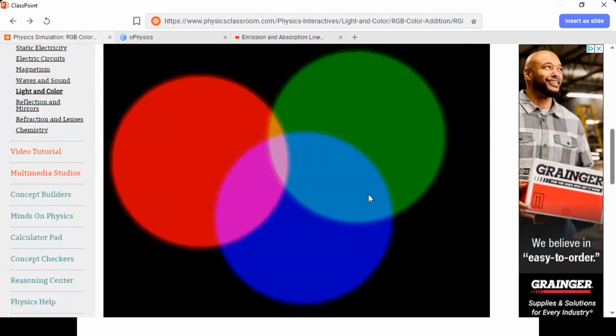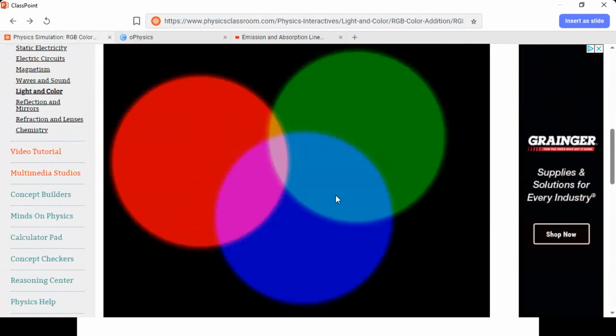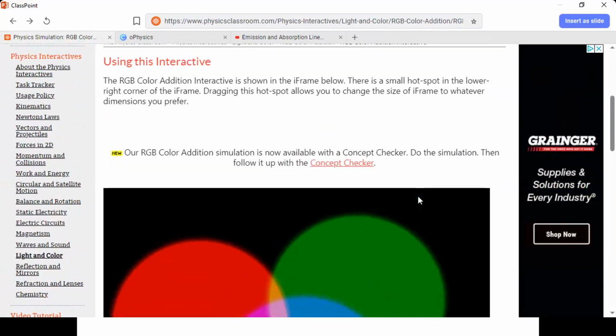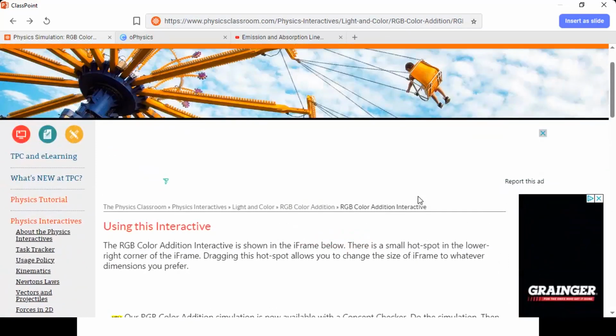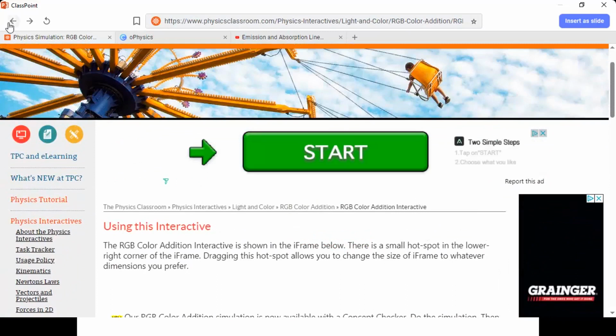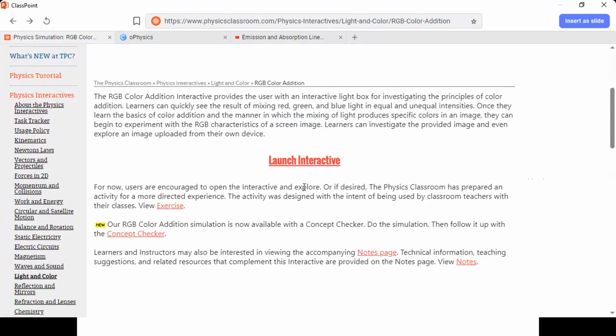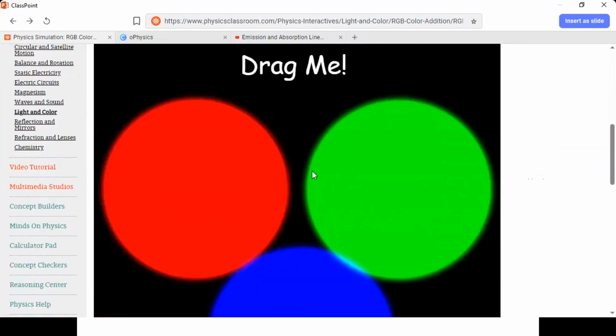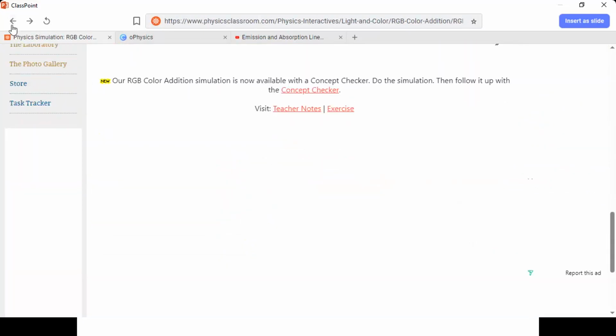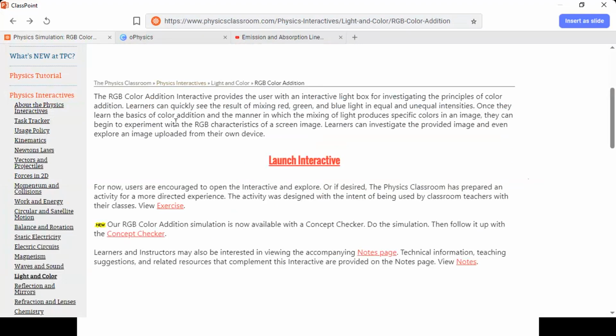For instance, if you are getting a cyan, you will get cyan with a smaller, less intensity. Good. And then the same thing. Let me just show you.